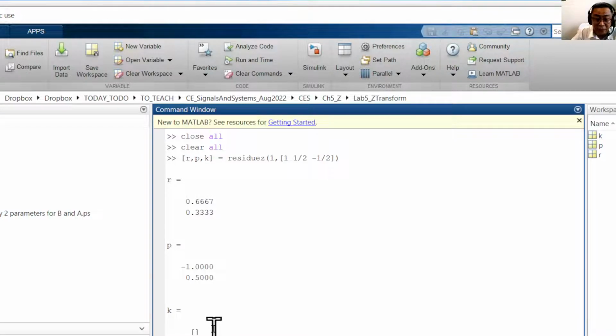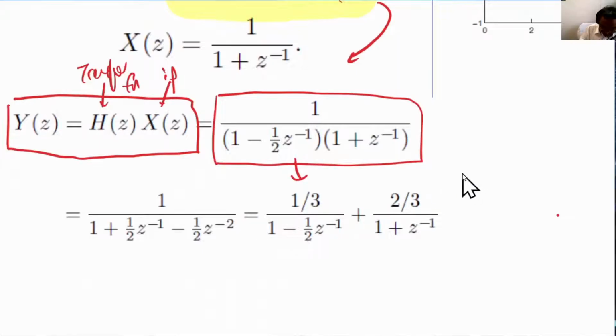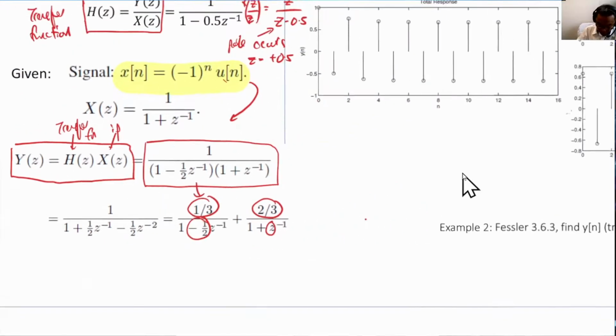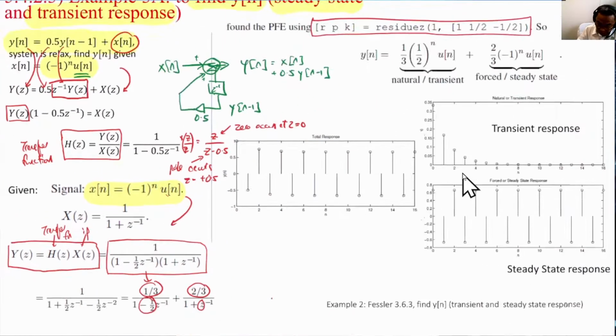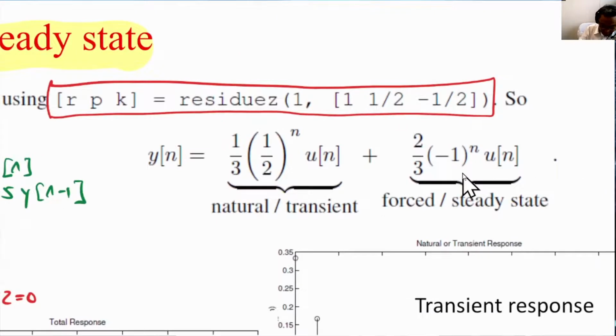K is 0. These values are here. So it's 2 over 3 and 1 over 3 with poles minus 1 and half. So what we then do is that this definitely has an inverse Z-Transform, and the answer is here.